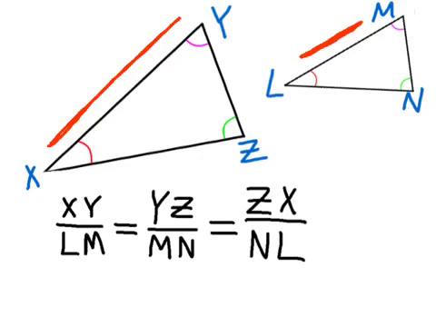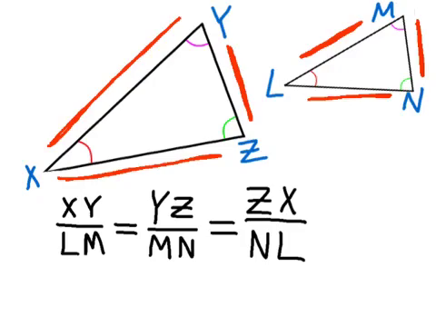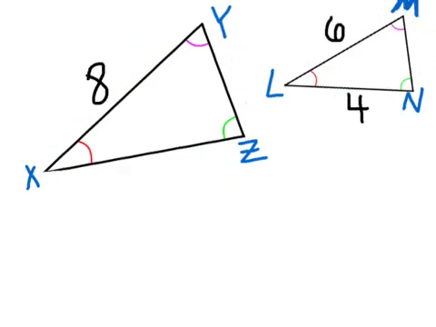So XY over LM is going to be equal to YZ over MN, which are corresponding sides, and that's going to be equal to XZ over NL. Okay? So if we have the ratio of each corresponding side, we take one, put it over the other, and that's going to be equal to each of the corresponding sides over each other, okay? So the ratios are going to be equal. And we'll go ahead and do an example.